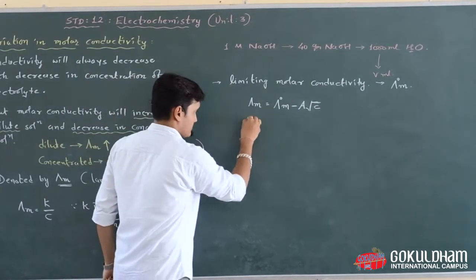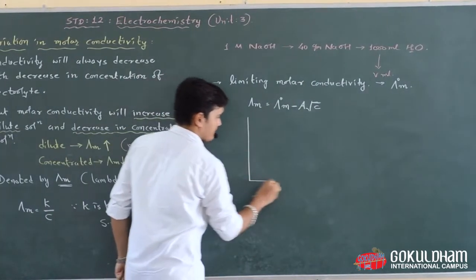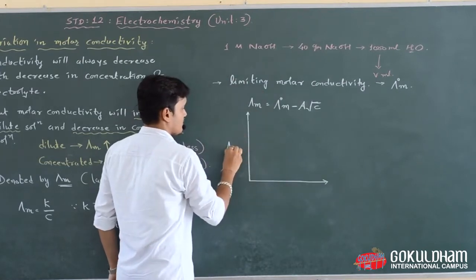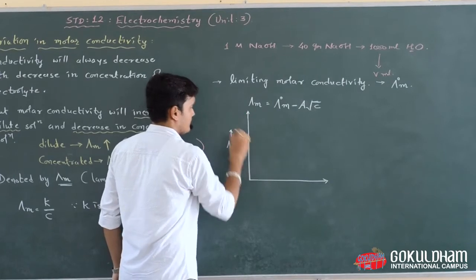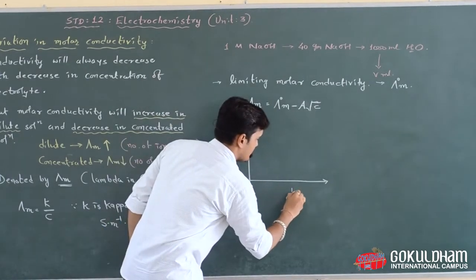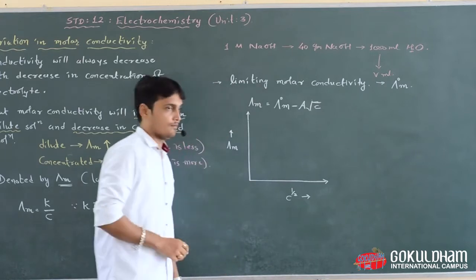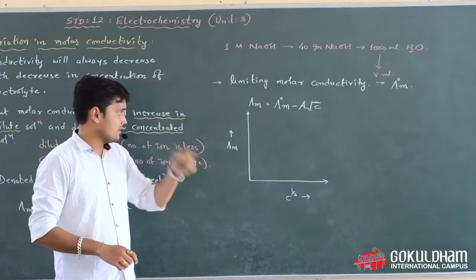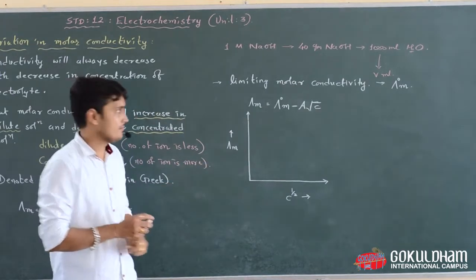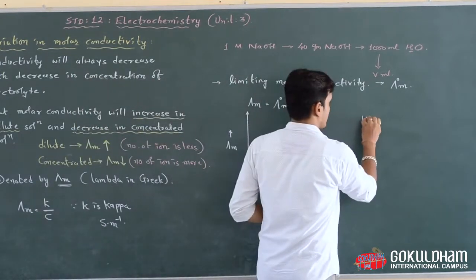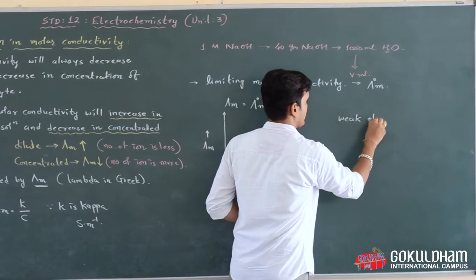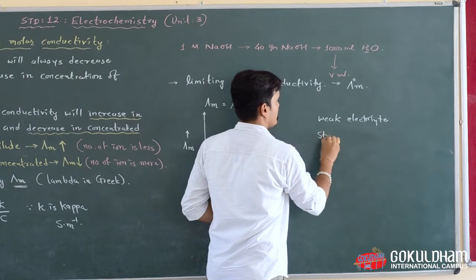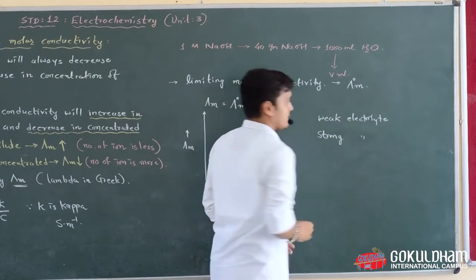We plotted the graph of lambda m versus C raised to 1/2. This graph consists of two electrolytes. The first electrolyte is known as weak electrolyte and the other electrolyte is strong electrolyte.